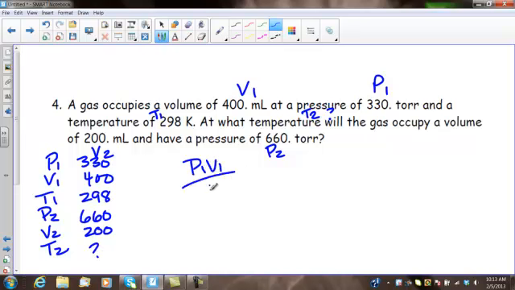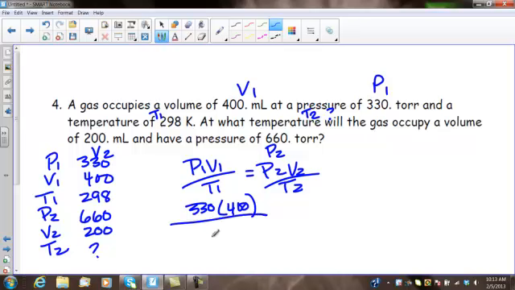P1, V1, T1, P2, V2, T2. Notice how I write it down, write the formula, substitute in, and solve. Given and find, formula, solve. Simple rules. 330 times 400 over 298 equals 660 times 200 over T2.